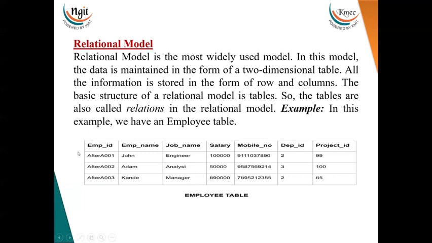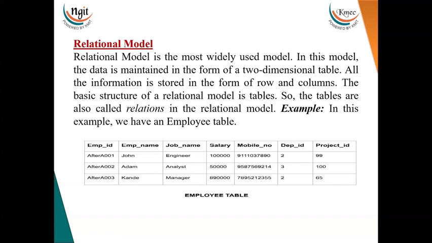When we have taken employee as an entity here, then EMP ID, employee name, job name, salary, phone number, department ID, project ID can be treated as attributes. And the first row, the second row of data items here defines an instance of an entity.